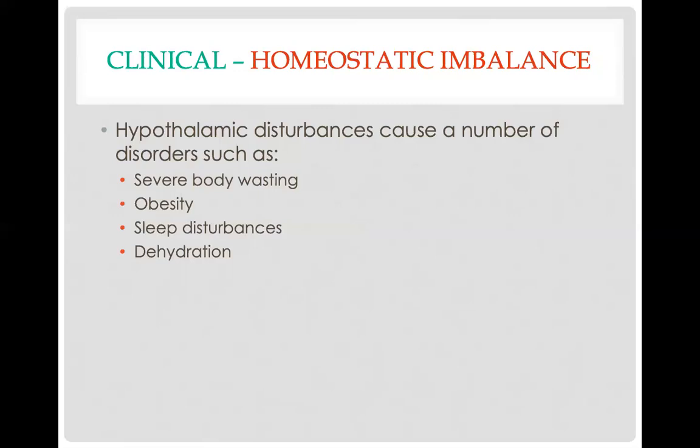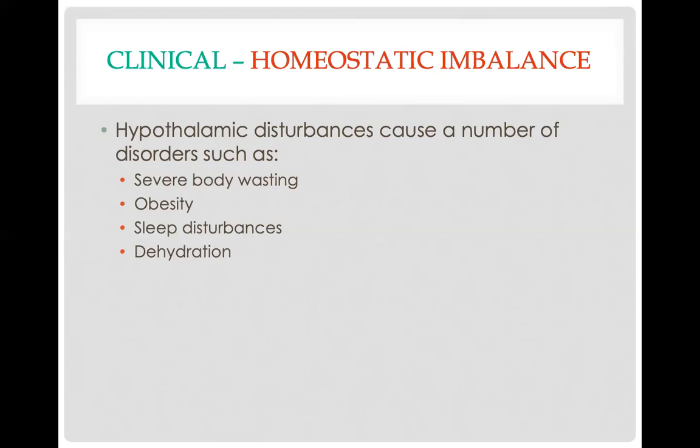Some of the homeostatic imbalances that might be observed if there are any lesions or tumors on the surface of the hypothalamus: we can have severe body wasting as a result of the effects on the anterior pituitary gland. You can have symptoms of obesity, which could be hormonal, from the anterior pituitary gland, or an inability to sense when you are full, so that whole hunger response.